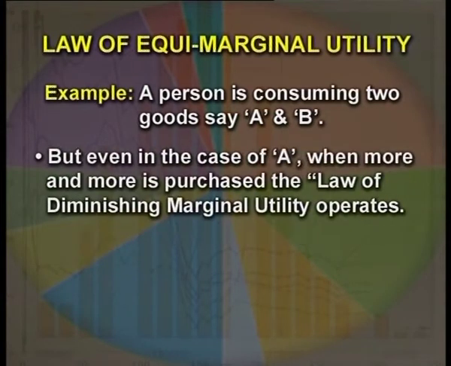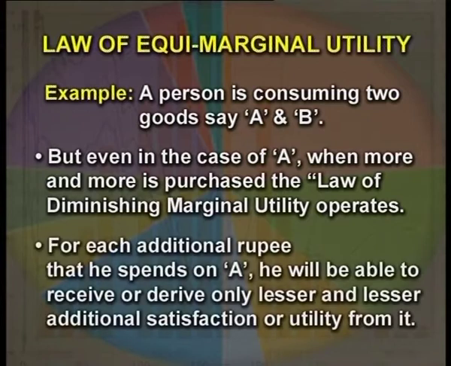But even in the case of A, when more and more is purchased, the law of diminishing marginal utility operates, and therefore, for each additional rupee that he spends on A, he will be able to derive only lesser and lesser additional satisfaction.